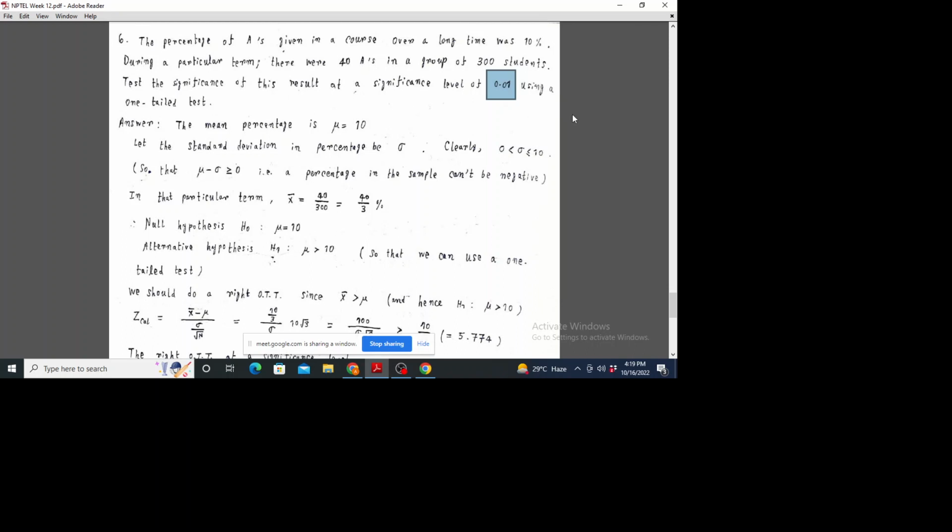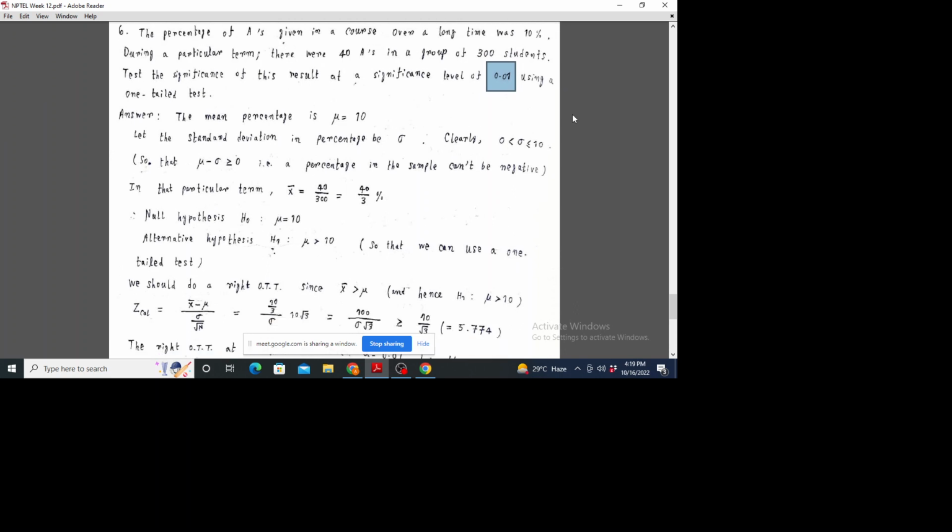But then you may be asked to tell with 99.99% confidence level whether this is significantly different or not. So that may differ from the conclusion at 99% confidence level.